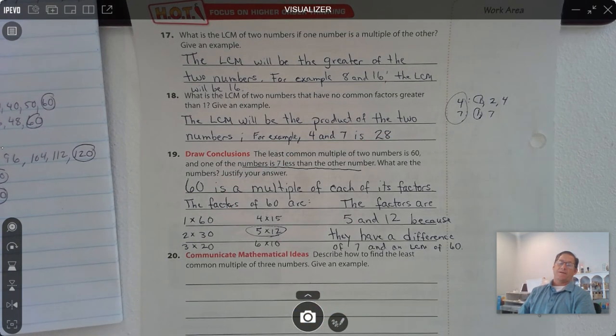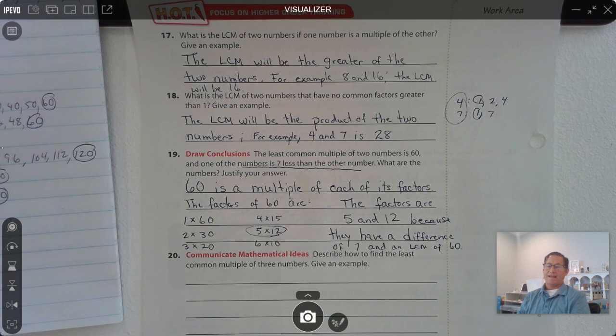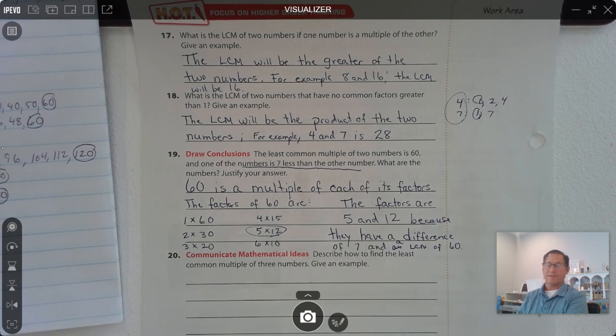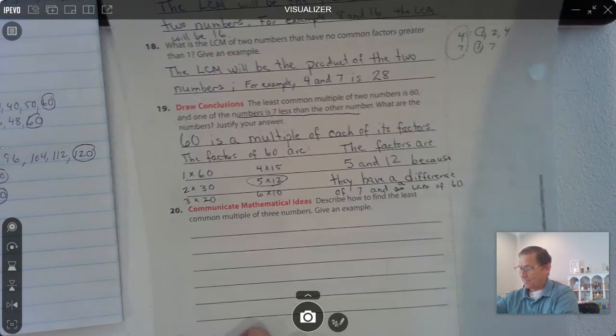Okay, so the numbers 5 and 12 have a difference of 7 and an LCM of 60. All right, the last one.